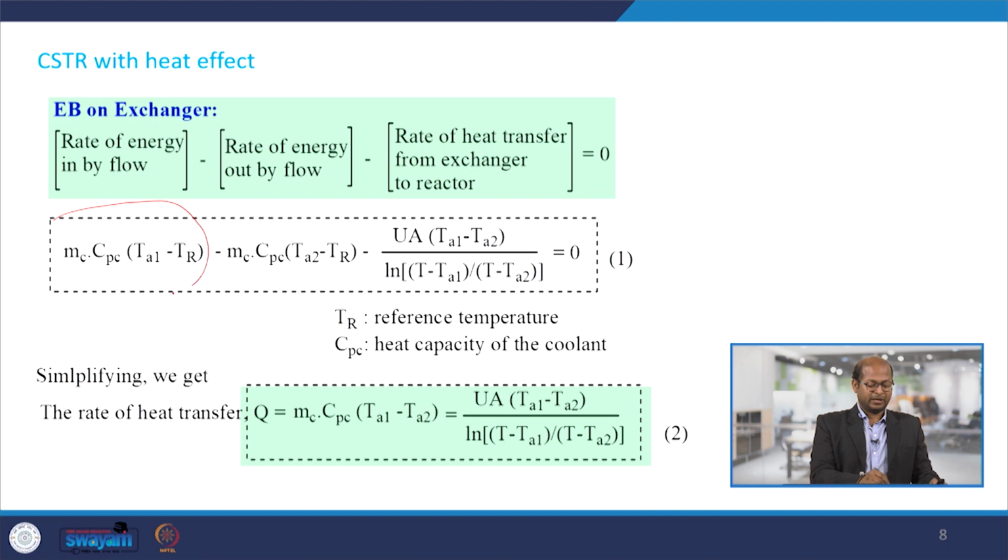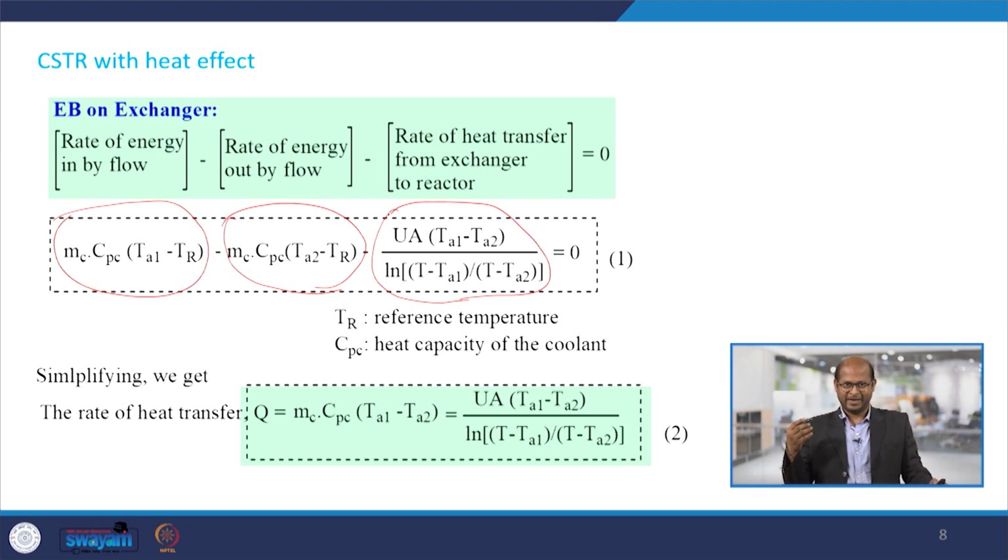This is the rate of energy in by flow, this is the energy out by flow, and this is the rate of heat transfer through the heat exchanger to the reactor, the amount of heat supplied to the reacting medium. Here T_R is the reference temperature and C_PC is the heat capacity of the coolant.